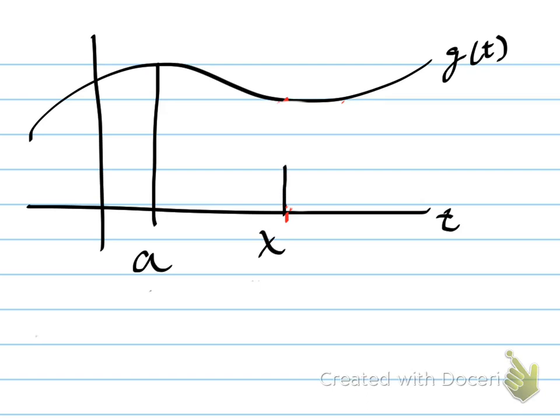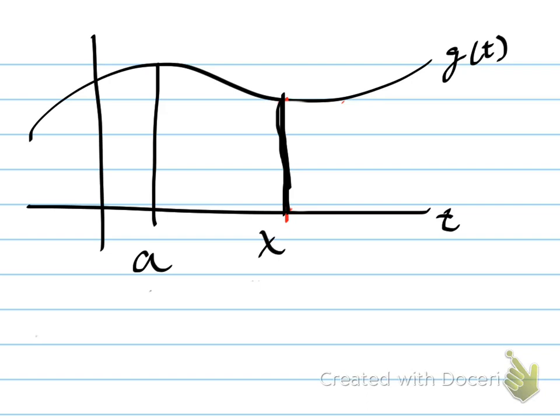When I create this line here, it creates this region, right? And as x changes, if I make x bigger, it would make a bigger region. If I make x smaller, it would make a smaller region. But essentially, the value of x dictates a region, an area underneath this g of t curve.